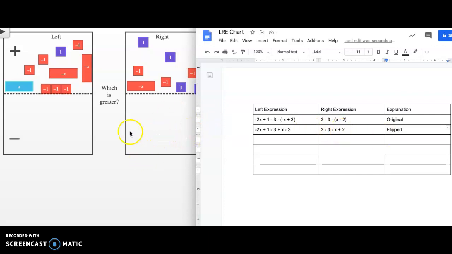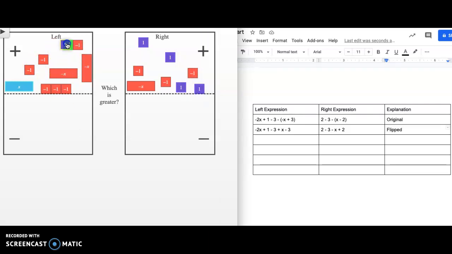So now I'm going to try to make some zeros. When I make zeros, we're really combining like terms. That's what we're actually doing. So I can see here on the left that I have positive 1 and negative 1 make 0. So I'm going to take those off my mat. And I can see that positive x and negative x make 0, so I'm going to remove those.